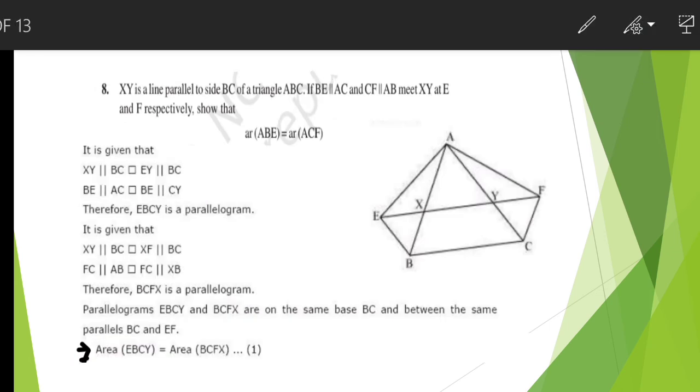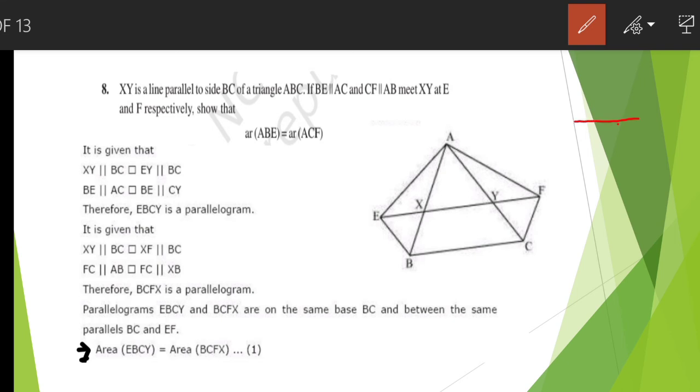Now the last sum, that is sum number 8. In sum number 8, it is said that XY is a line parallel to BC. The diagram was not given in the question, so by reading the question, we have to find the diagram. If we do not have the diagram, then we have to construct it. So let us construct it.